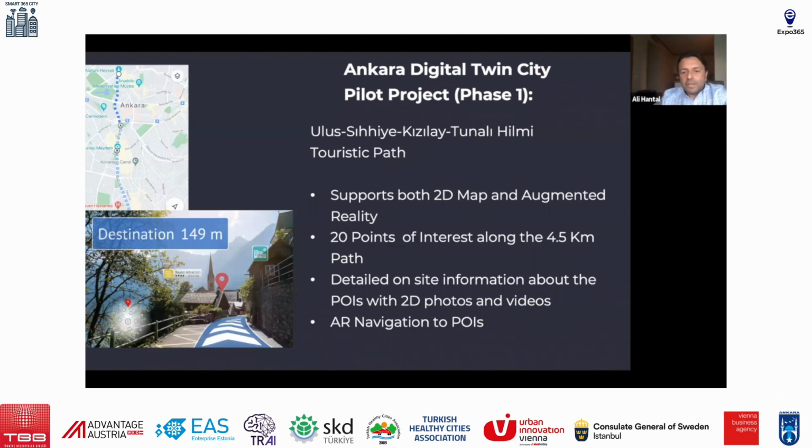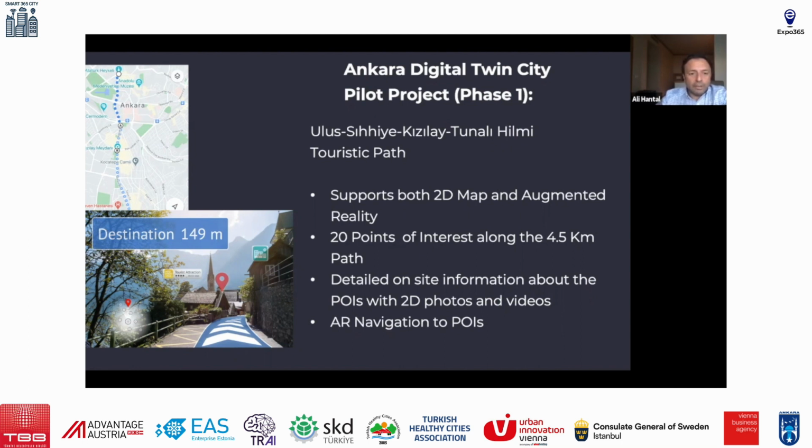There will be 20 points of interest along this 4.5-kilometer path. And we will provide detailed on-site information about the points of interest with 2D photos, videos, texts and 3D models. And there will be AR navigation.